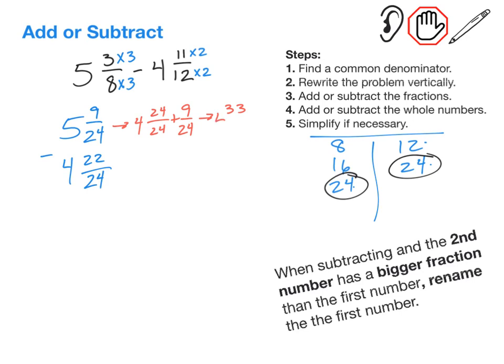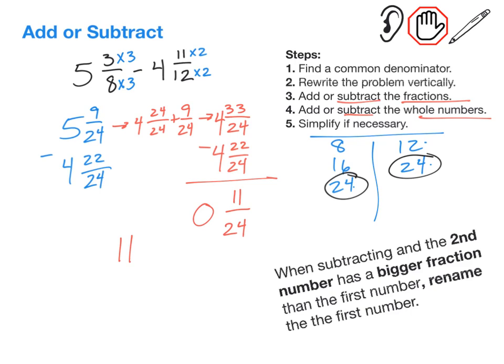So I'm left with 4 and 33/24ths, subtract 4 and 22/24ths. And now I can subtract the fractions. So 33 minus 22 is 11. So I'm left with 11/24ths. And then 4 minus 4, subtracting the whole numbers, is 0. So my answer is just 11/24ths.